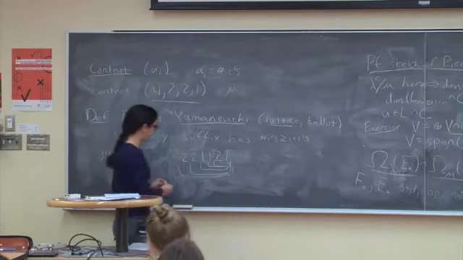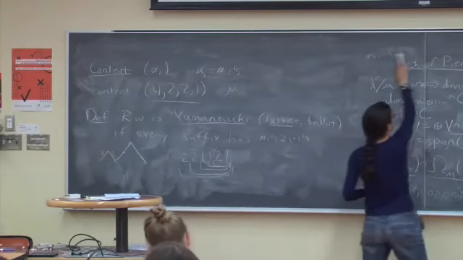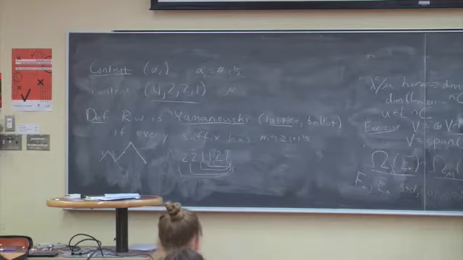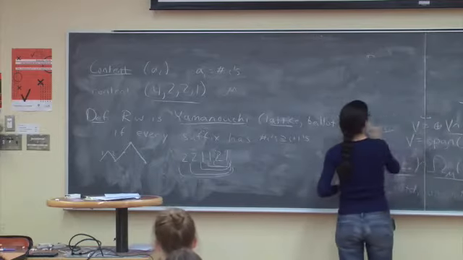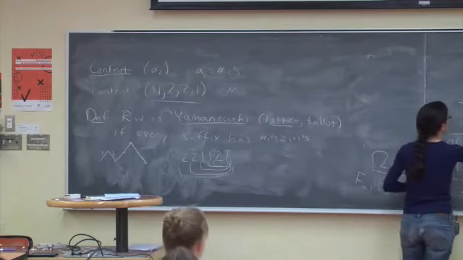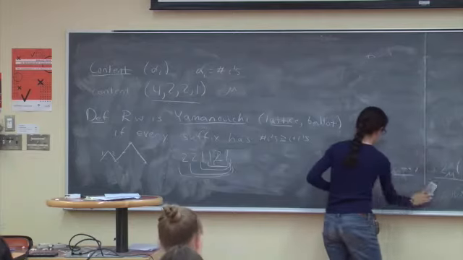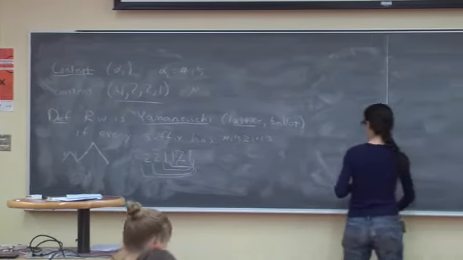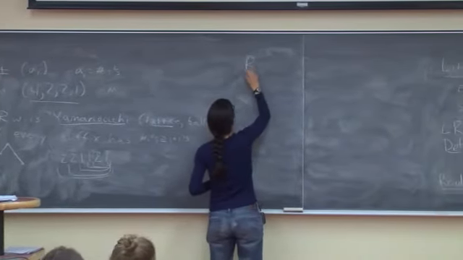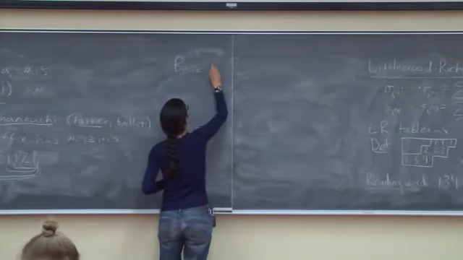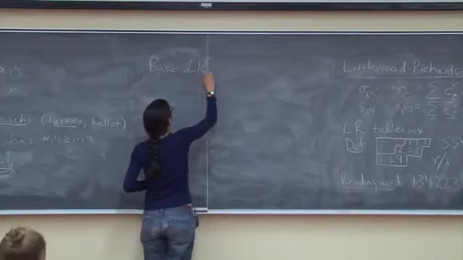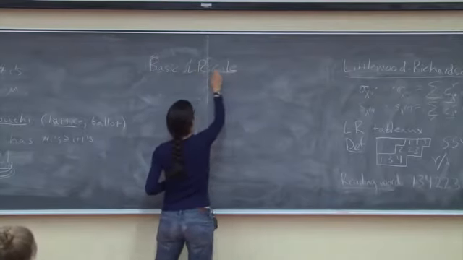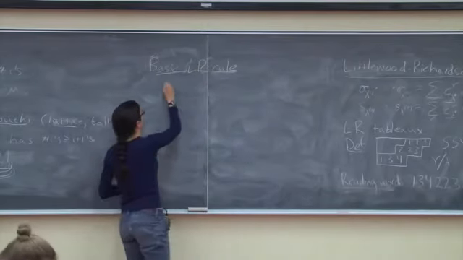So the basic Littlewood-Richardson rule is just for multiplying two Schur functions together.